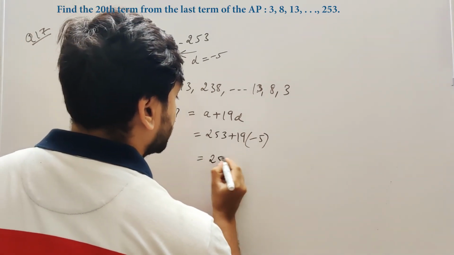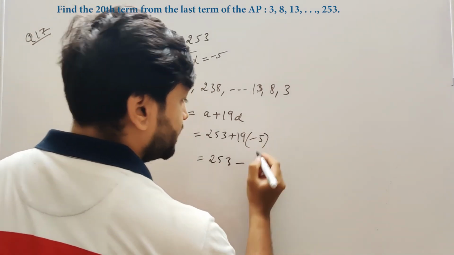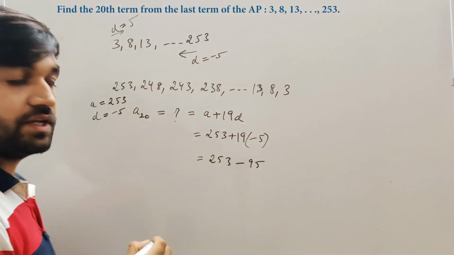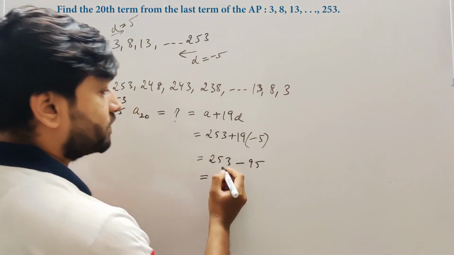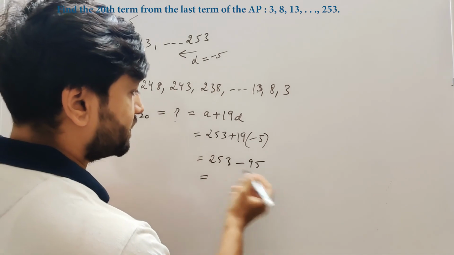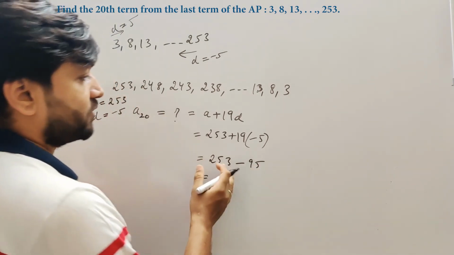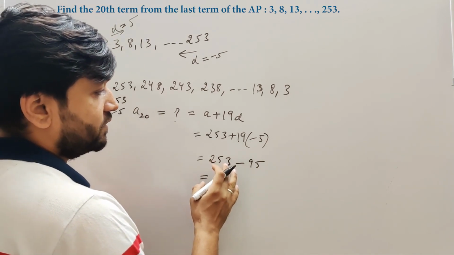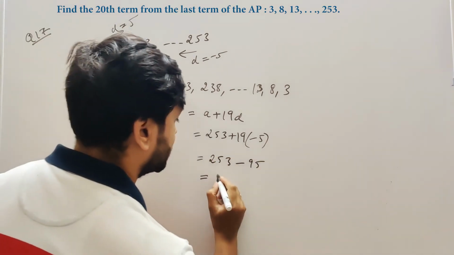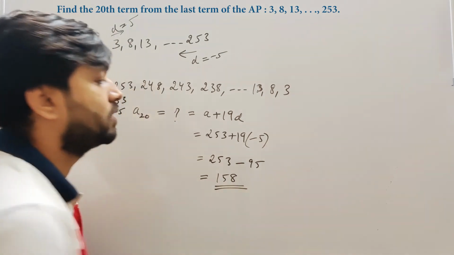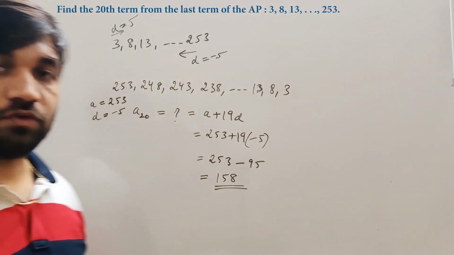So we get 253 minus 19 into 5, which is 95. So what do we have? 253 minus 95. If we simplify, let's say if I subtract 100, I get 153, so 158. Okay, so this is how we solve this question.